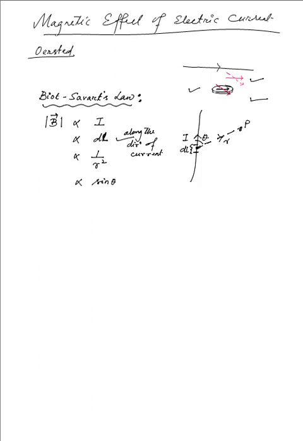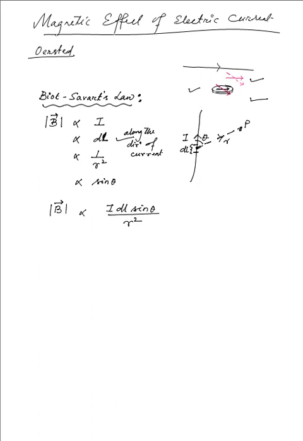Putting all of these together, what we obtain is that the magnetic field intensity in terms of its magnitude is directly proportional to I dl sine theta, and as it is inversely proportional to the square of the distance, so divided by r squared.